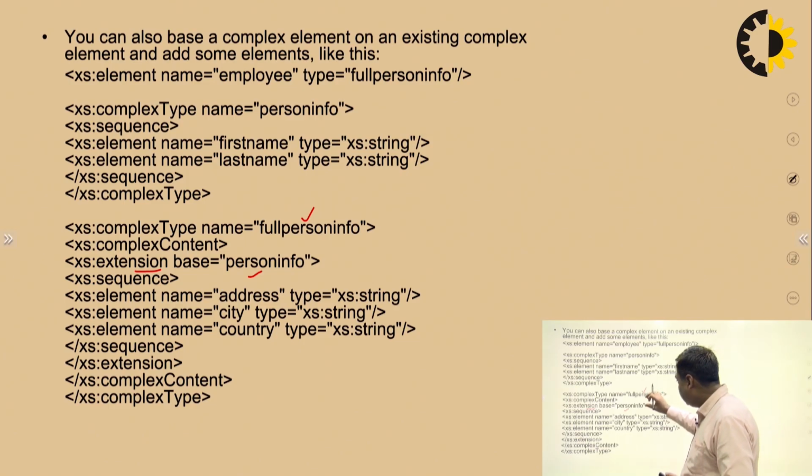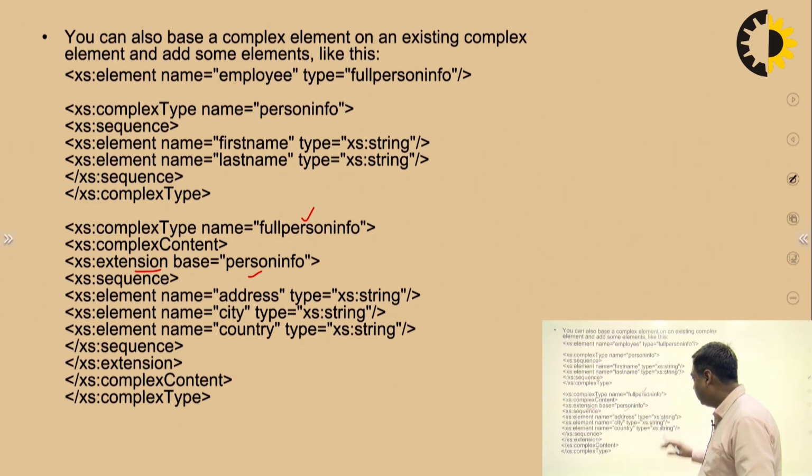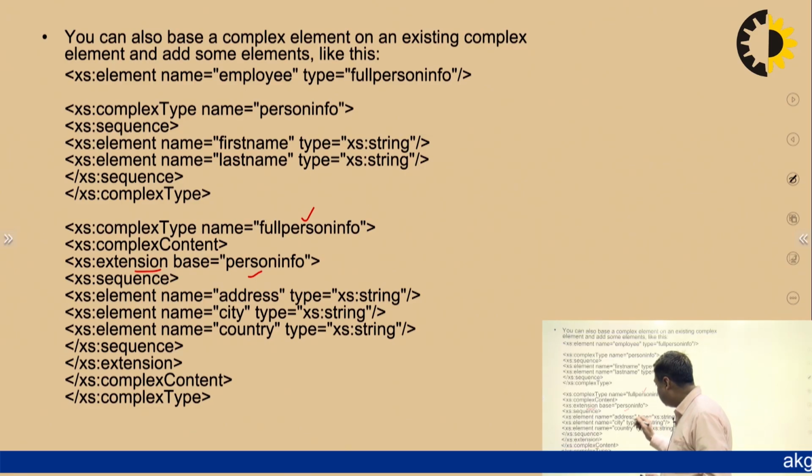We have inherited, or you can say we have taken the data of person info in this full person info data type. Data of person info is to define the first name and last name, which is already part of full person info because of this extension. Then we add some extra elements. Extra elements are address, city and country.